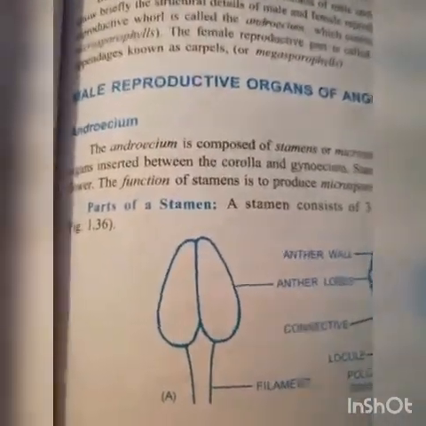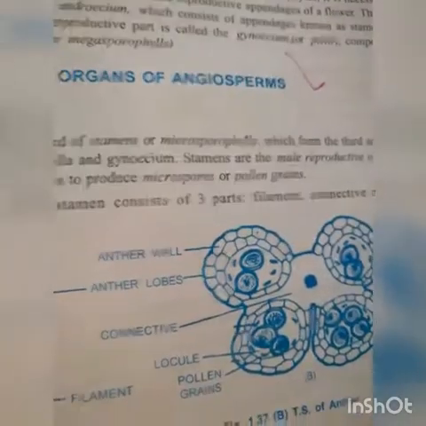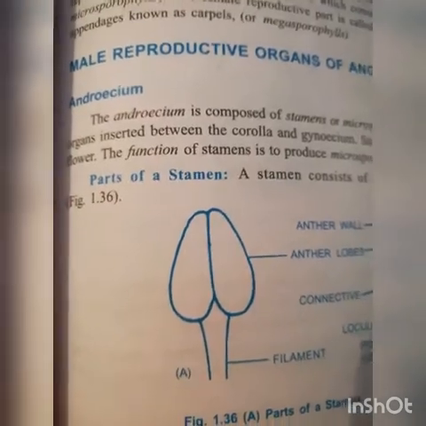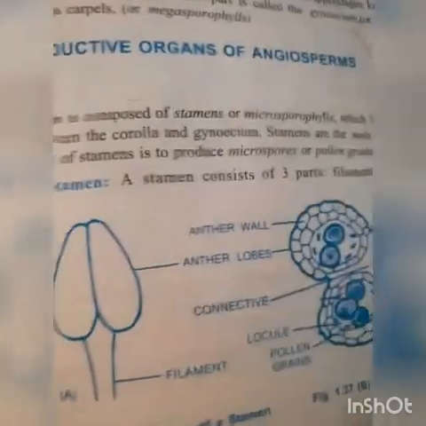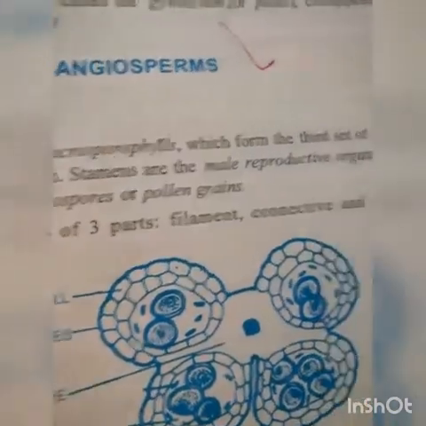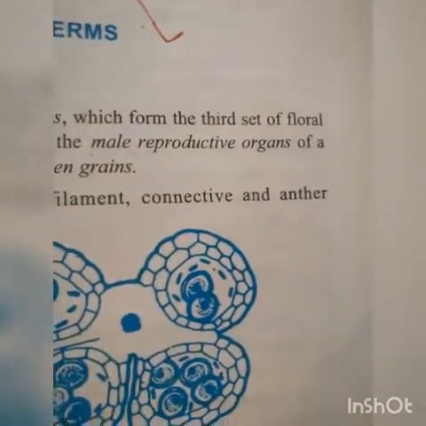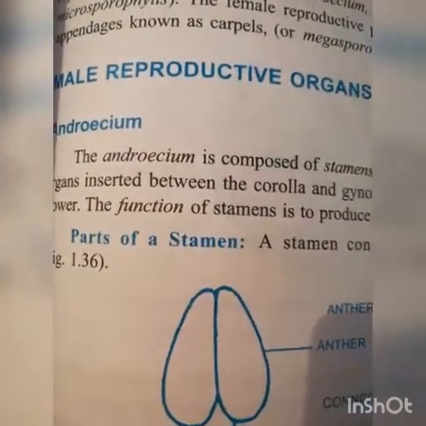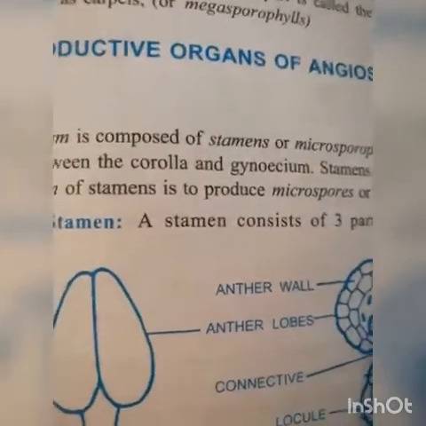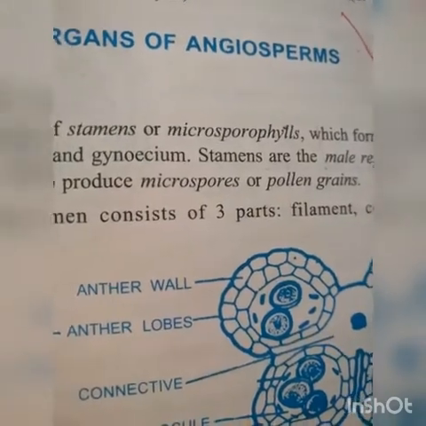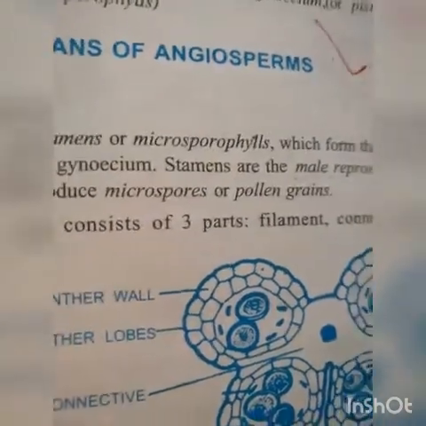Male reproductive organ of angiosperm, androecium, that is stamen. Androecium is composed of stamens or microsporophylls, which form the third set of floral whorl, a floral organ inserted between the corolla and gynoecium, meaning calyx, corolla, then androecium, then gynoecium.